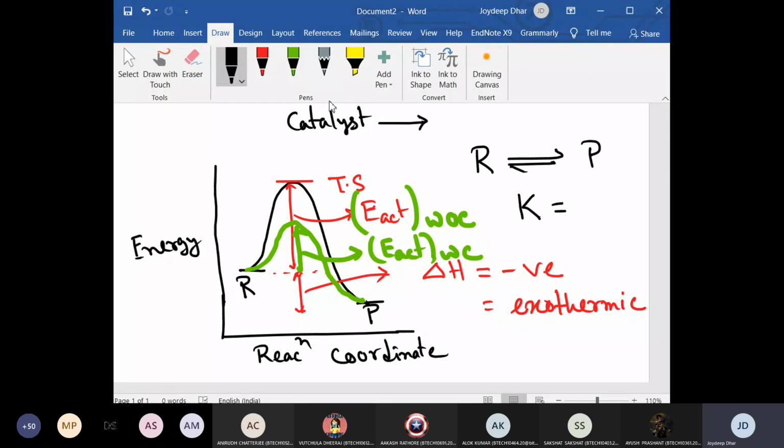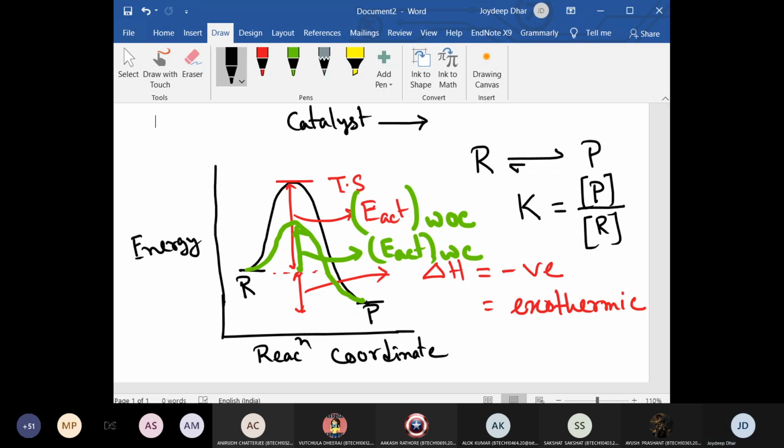If this equilibrium constant is very high, with the numerator, the product concentration, very large, we can say the forward reaction is almost dominant and the backward reaction is almost negligible. Then the concentration of reactant will be very less, but theoretically you can think that all reactions are reversible.